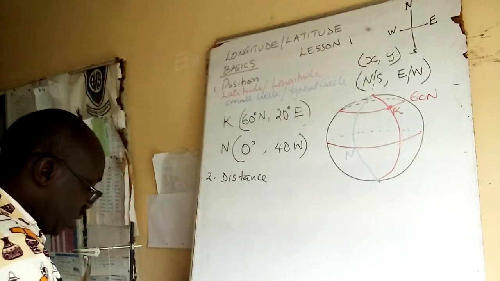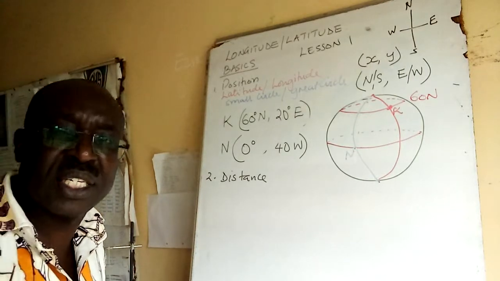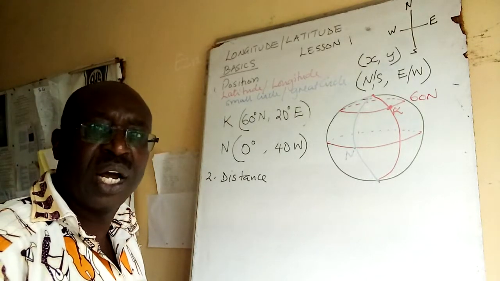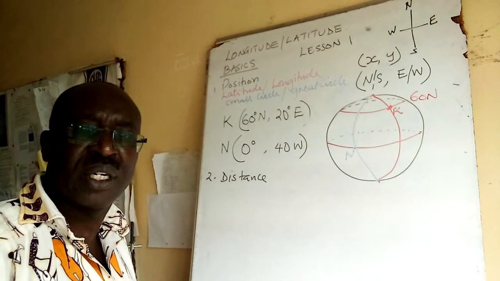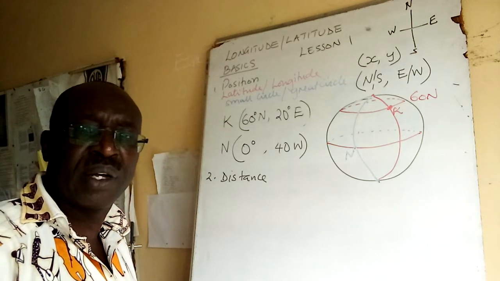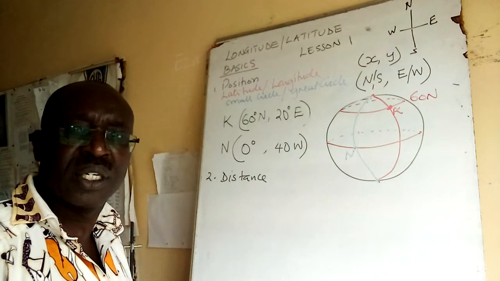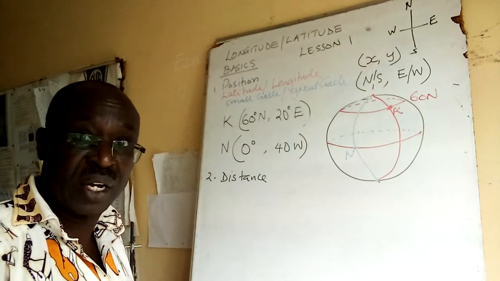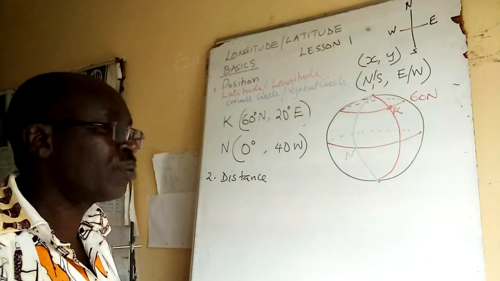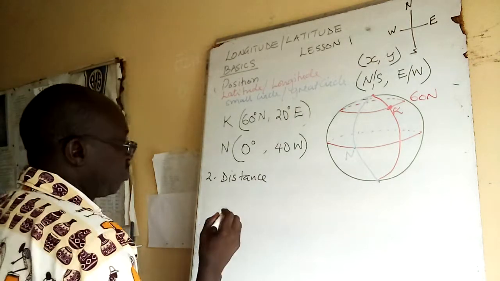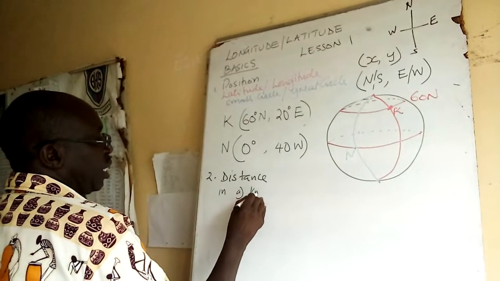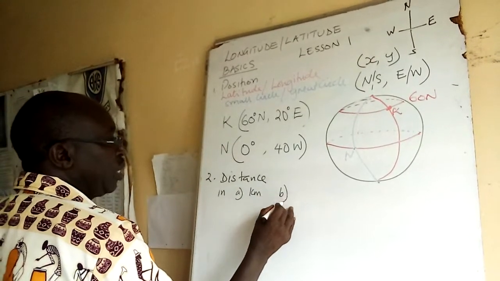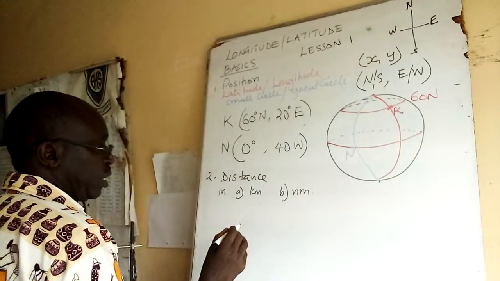So distances in latitude, longitude can be expressed in 2 units. Kilometers, stroke meter, and then nautical miles. So distance in A, kilometer, most common, B, nautical miles.